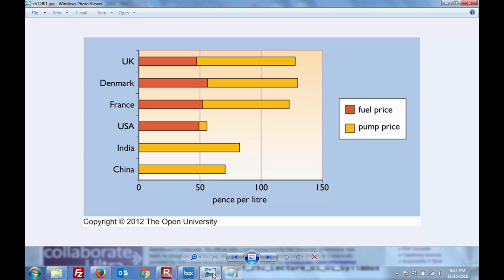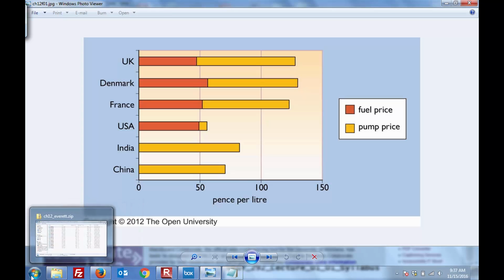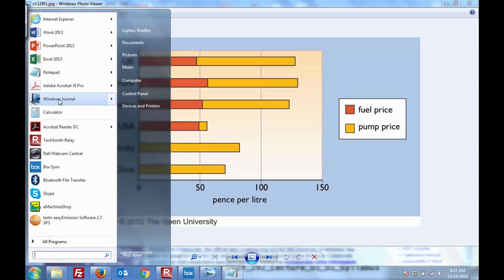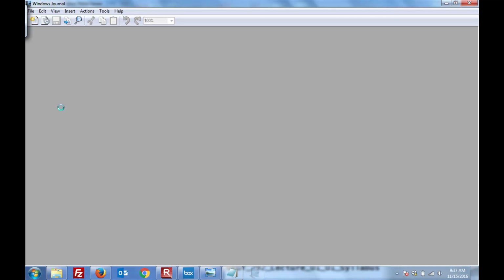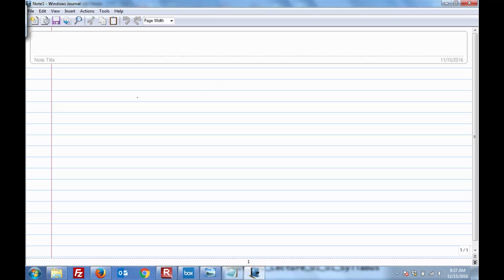And let's just do the fuel price right now at 50 pence per liter. And I'll give you some numbers to throw in. 50 pence per liter. But let's just say 1 pound equals $1.5. Let's do it that way.